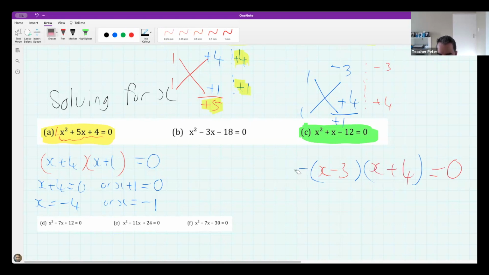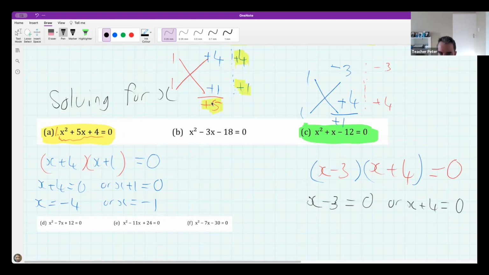Now, what does that mean about my final answers? So if we do the split where we say, look, x minus 3 must equal 0, or x plus 4 must equal 0.